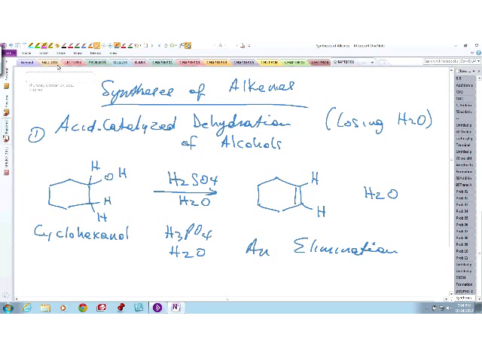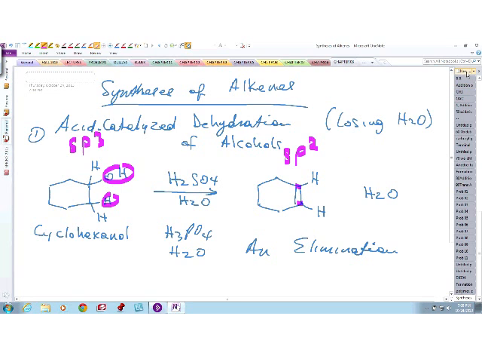In this case, we are eliminating this hydroxide and this hydrogen, so the elements of water are being taken out of this molecule. This is the reverse of hydration. This sp3 carbon now becomes an sp2 carbon, so we go from sp3 carbon to sp2 carbon when we do the elimination.